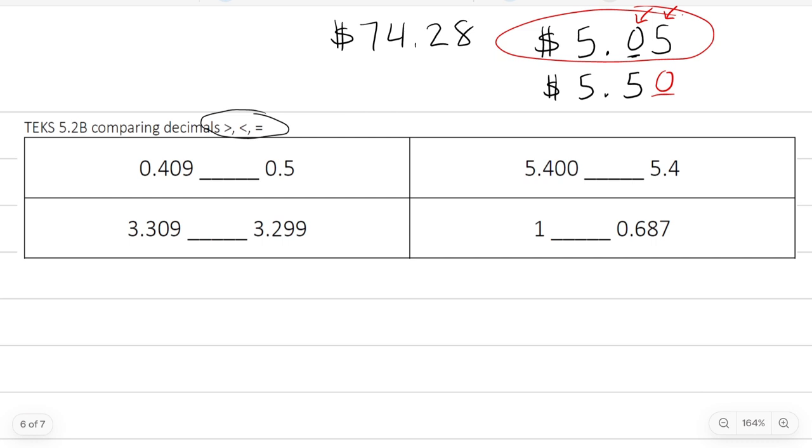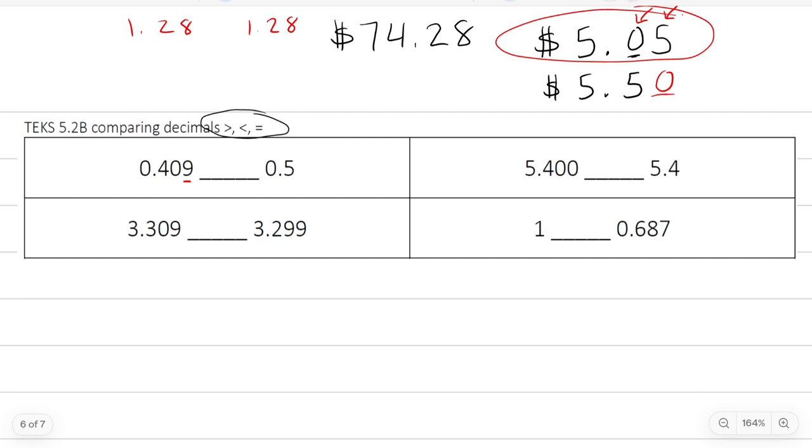Okay, so when we're comparing decimals, we first want to think of it like money. And so if we see a number that goes into the thousandths place, then we only look at that number if we absolutely have to. What I mean by that is, for instance, if you have $1.28 on one side and $1.28 on the other side, then okay, let's check to see if it has something in the thousandths place.